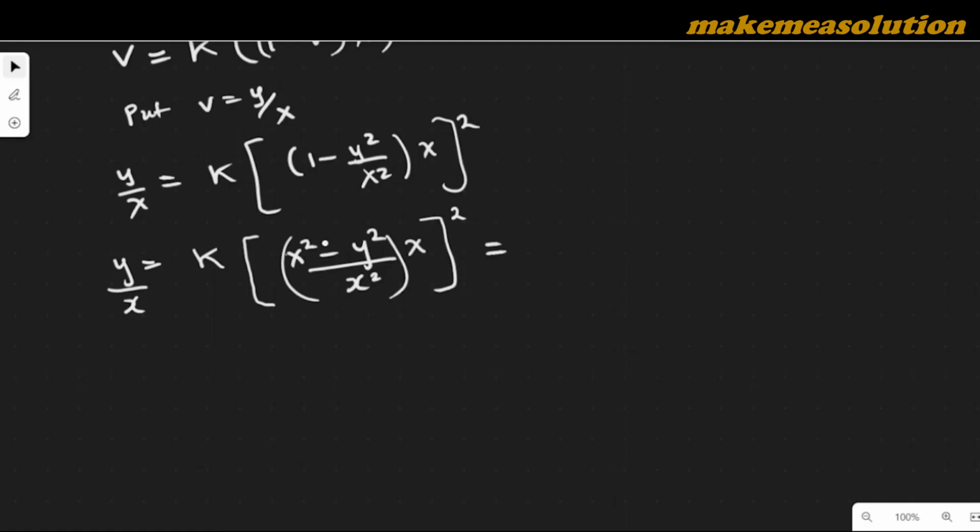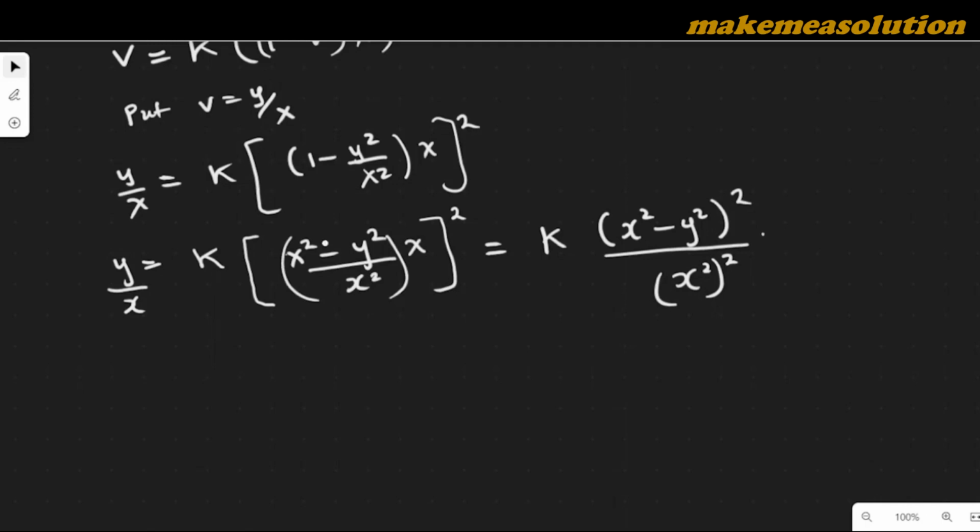So this right hand side is k. Then I'm going to expand these brackets now in terms of powers. So expanding it, follow me carefully. First of all, I'll get x squared minus y squared all squared. Then the x squared in the denominator is also all squared.